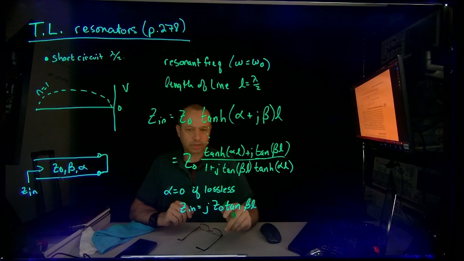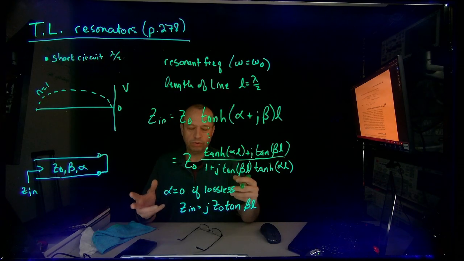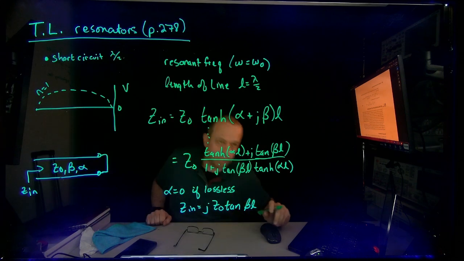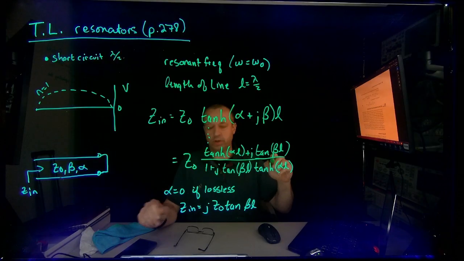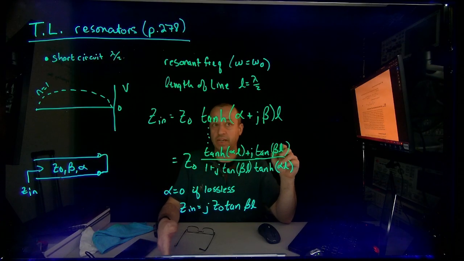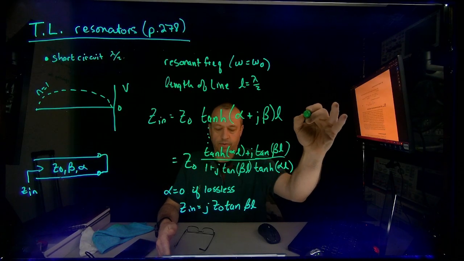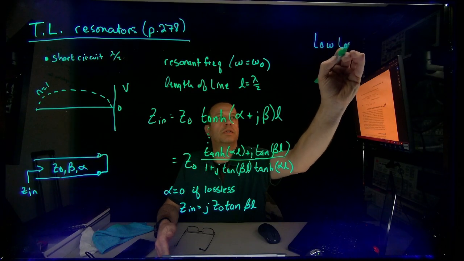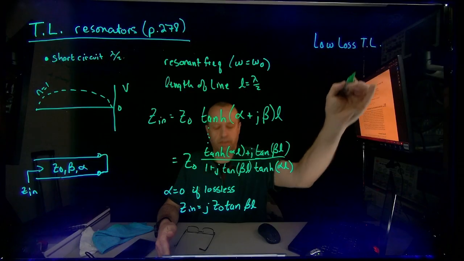In practice, we tend to talk about low loss transmission lines, because, well, we want low loss. That's really something we're always aiming for. So for this, we're just going to talk about low loss transmission lines.